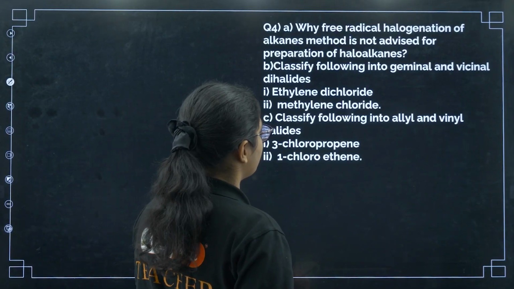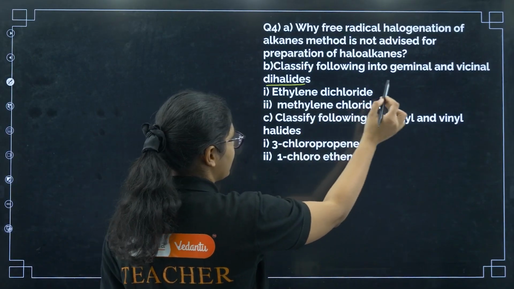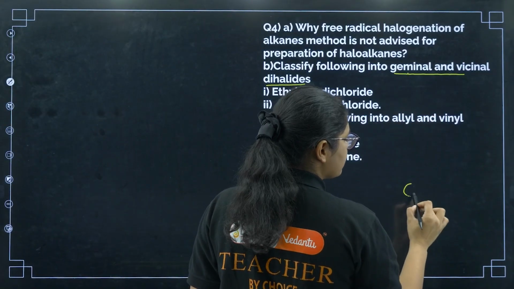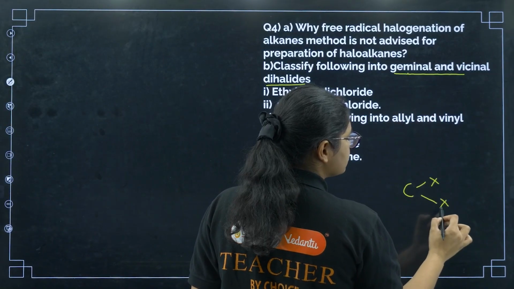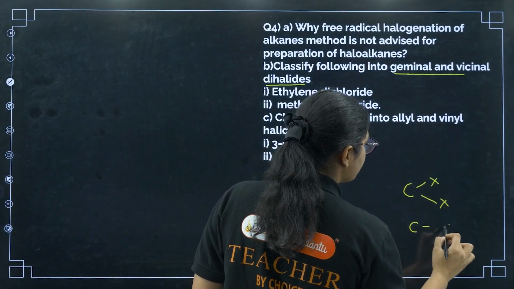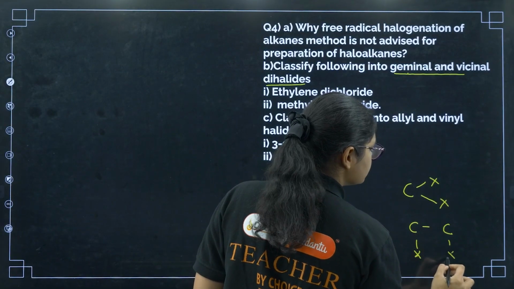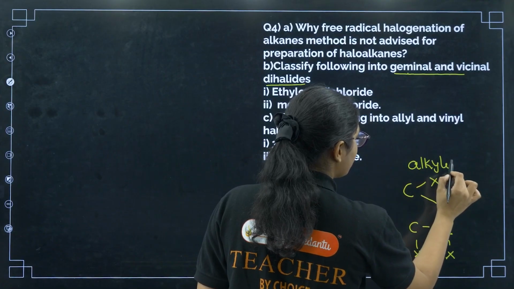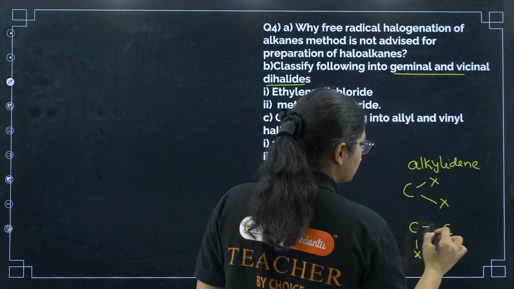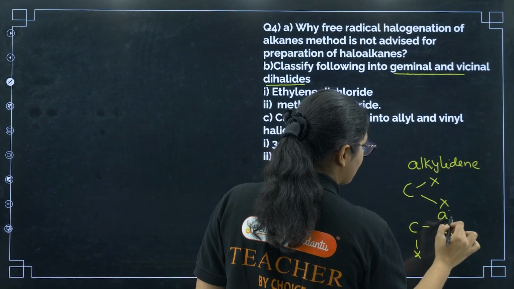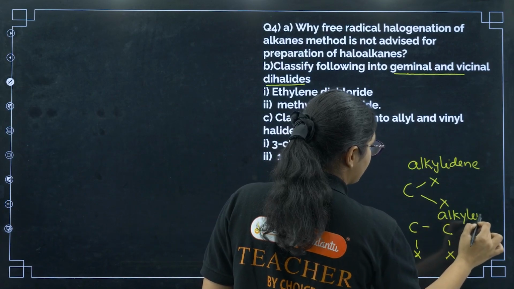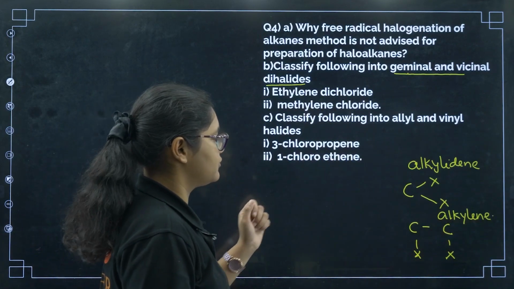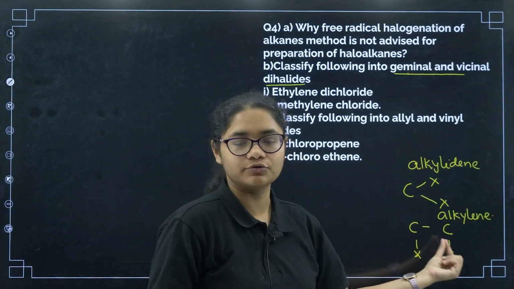Next, classify the following into geminal and vicinal dihalides. Let me explain once again. Geminal dihalides means on the same carbon you have two X groups. Vicinal means on the adjacent carbons you have X groups. Geminal is called alkylidene, and vicinal is called alkylene. Clear? Now for vicinal dihalides we need at least two carbons, right?